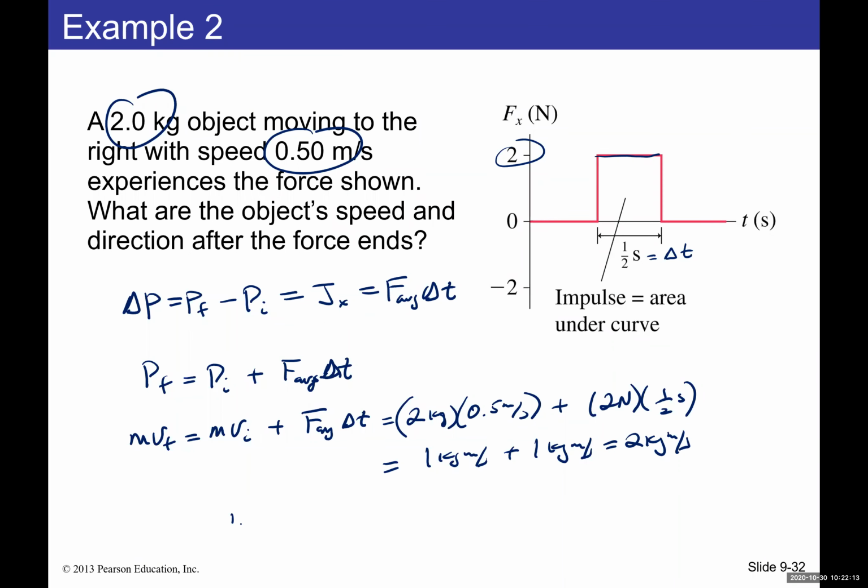That's my final momentum. Since m times v final equals that, I can divide both sides by the mass, which is 2 kilograms, and get plus 1 meter per second. Kilograms cancel out, so the final speed is plus 1 meter per second.